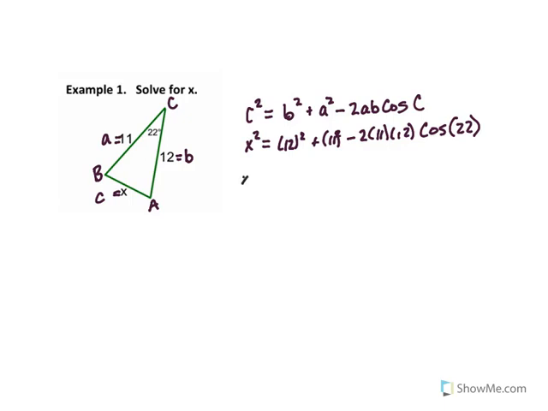So now we've still got x squared. And we're going to just type this whole thing in our calculator. So go ahead and type that whole thing in. Pause the video for a second so you can do that.